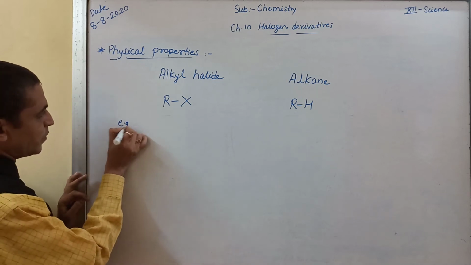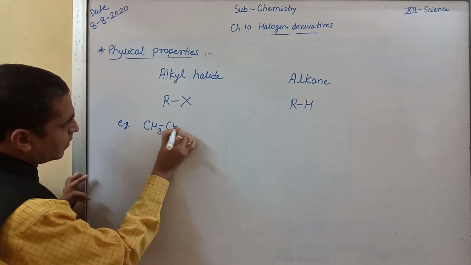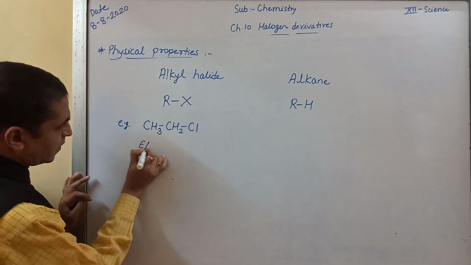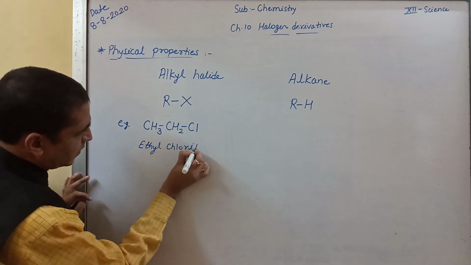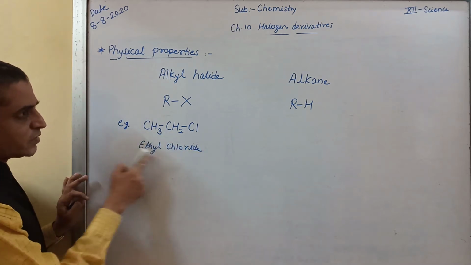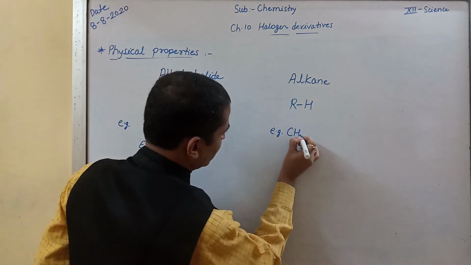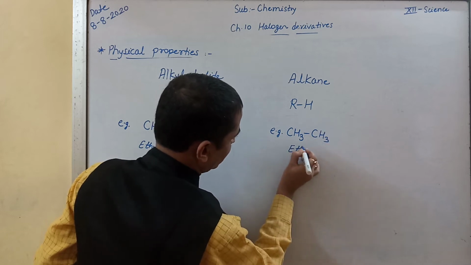Let us see the example. CH3CH2Cl, that is ethyl chloride. And this is ethane.